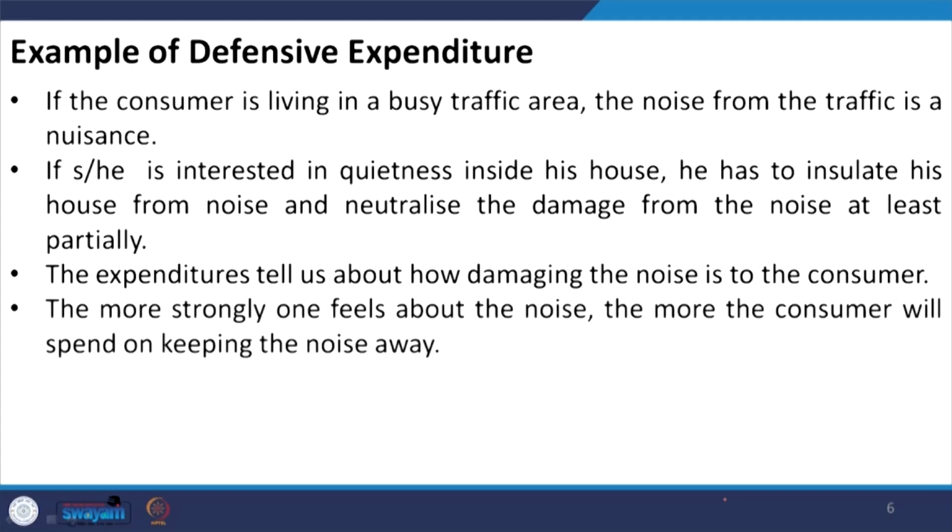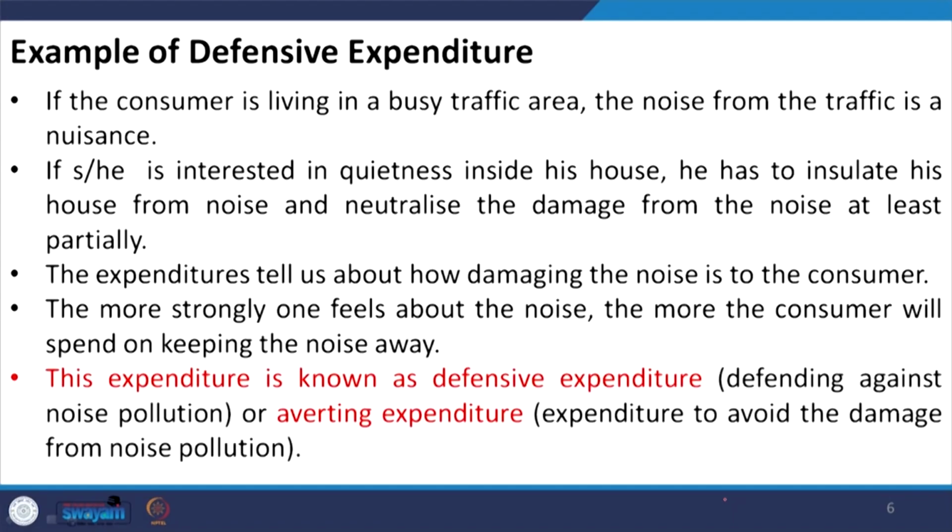If the noise is so bad and the household feels so strongly about this nuisance, then obviously the consumer will be spending more on these insulating equipments. In this example, this type of expenditure is known as defensive expenditure, that is, defending against the noise pollution, and it is also known as averting expenditure. That means expenditure to avoid the damage from the noise pollution to his family.